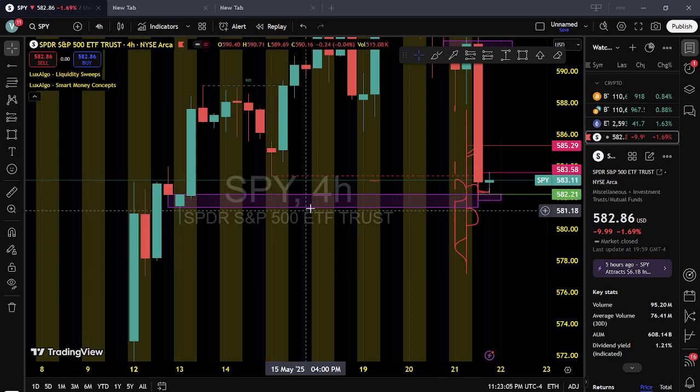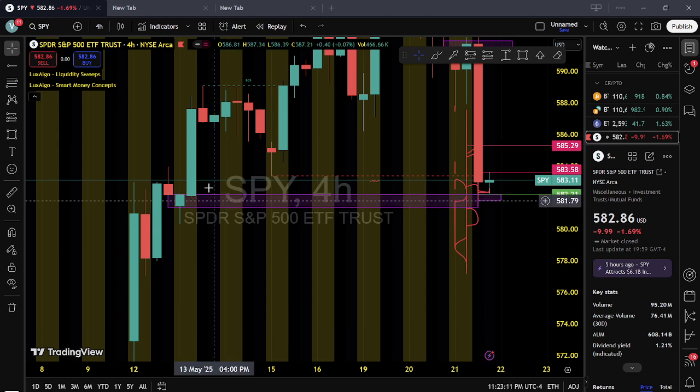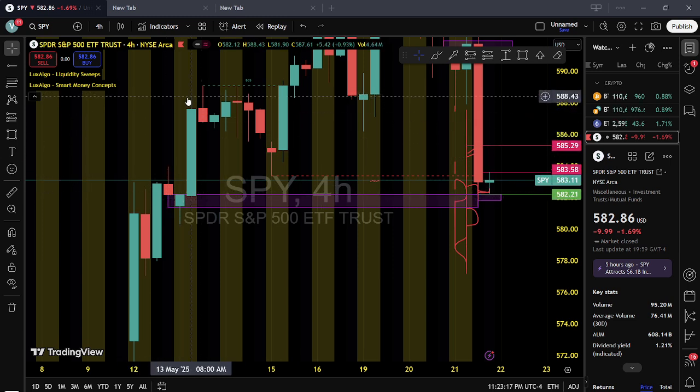Right? So what I'm expecting is, and guys, this 581 level has a huge bullish 4 hour candle. Do not mess with this. Oh man, that's a very important level. We are sitting right at this particular 4 hour huge bullish candle bottom.